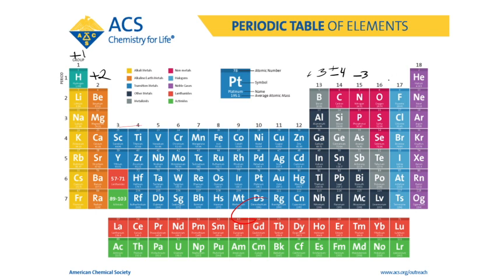Here, minus 3, minus 2, minus 1. Those are the common charges for everything on the periodic table. We will talk about the D block in a moment. Hopefully, though, you remember that.